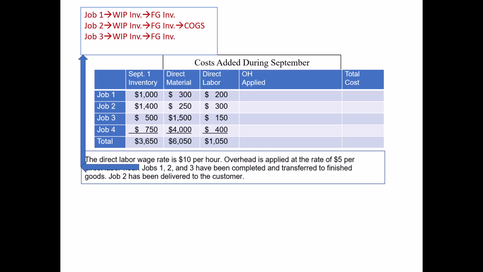Job 3 was completed but not sold, and job 4 remained in work in process inventory. Sometimes diagramming the way the jobs flowed through the system during the period will help you.